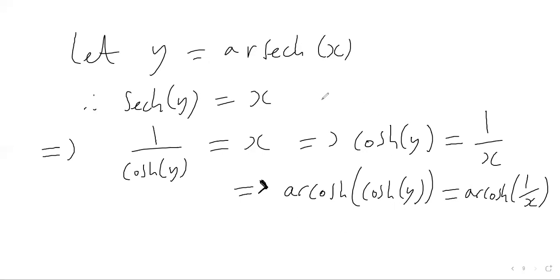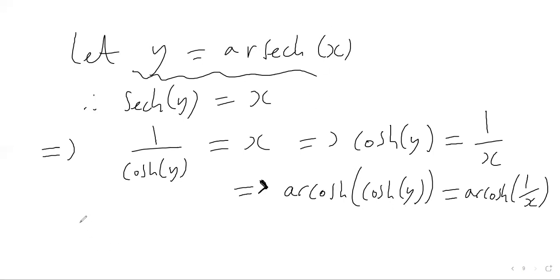So we've just got to be careful to check whether we do get y on the left-hand side there. And to do this, we've got to check what the range of y is and compare that to the domain of this cosh. If cosh's domain is the same or contains the range of y values, then we're okay. This will work. So let's just check that.